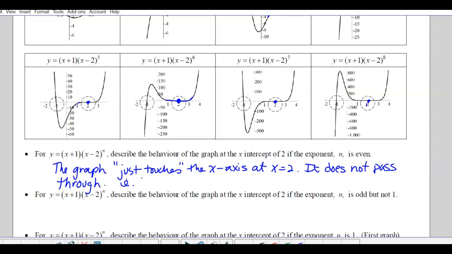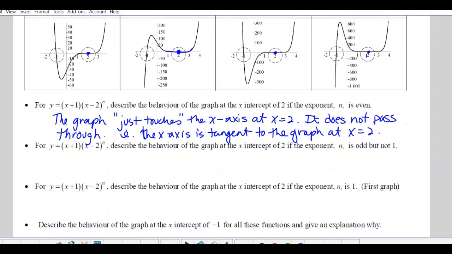So, i.e., the x-axis is tangent to the graph at x equals 2. Okay?